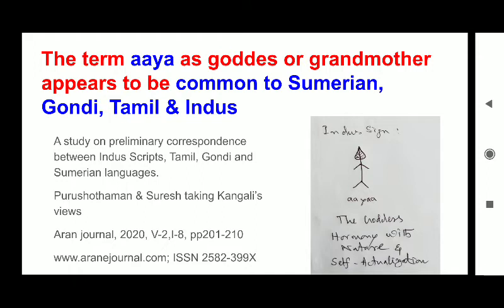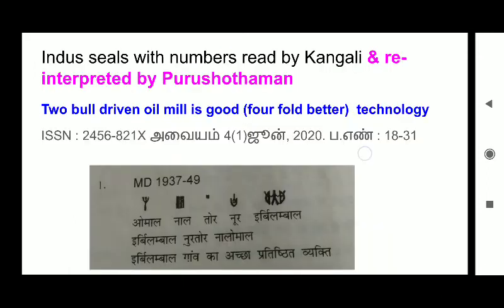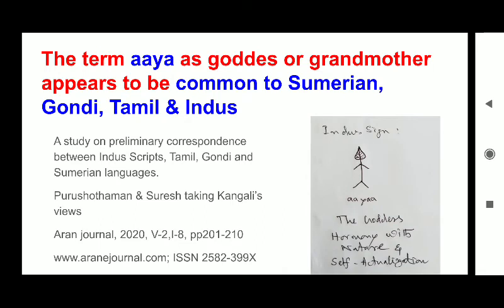And even Lord Muruga and Lord Krishna are decorated with a crown, say like a peacock feather. In other words, we have continuity and we have records to interpret the Indus signs.